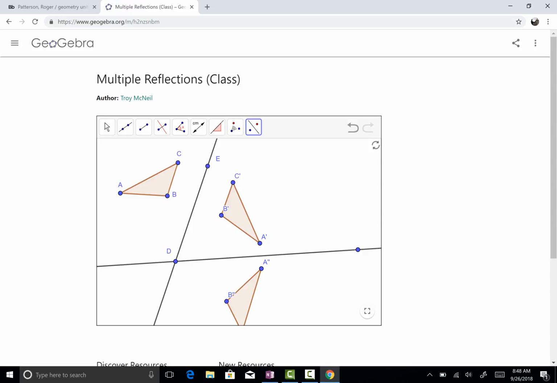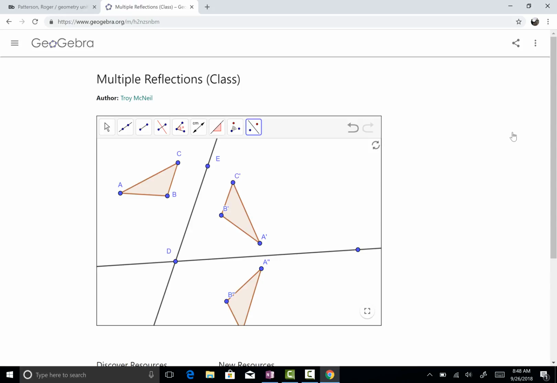Okay? So we reflected, chose inside the middle of the triangle, pick that. That's the image one, not the original one, but the image. And then over the line. And now we have what we call a double reflection.